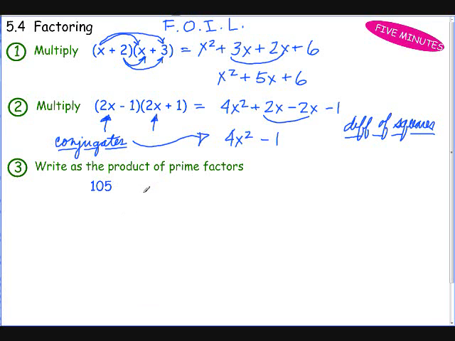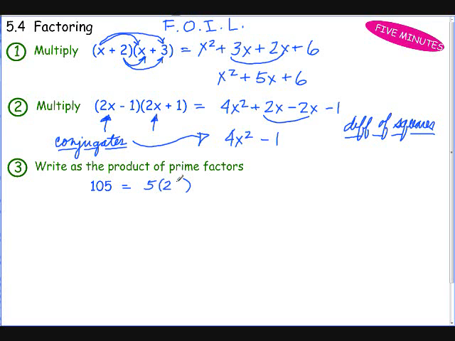Write this as a product of prime factors. What's a prime factor? Something which is not evenly divisible by anything other than 1. Well, I think 5 could go into this, so let me see. This would become 5 times what?